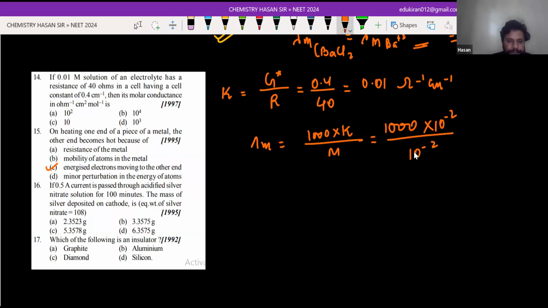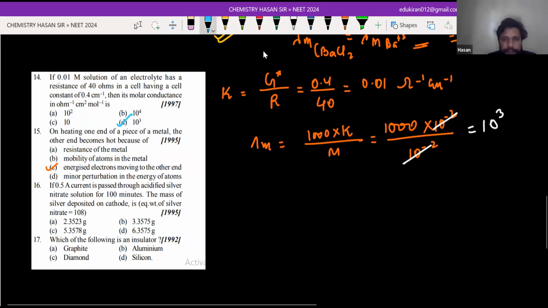Okay. As you can see, when you solve this, this will be cancelled and you will get 10 raised to the power 3. Isn't it, Aisha? This you can do easily.